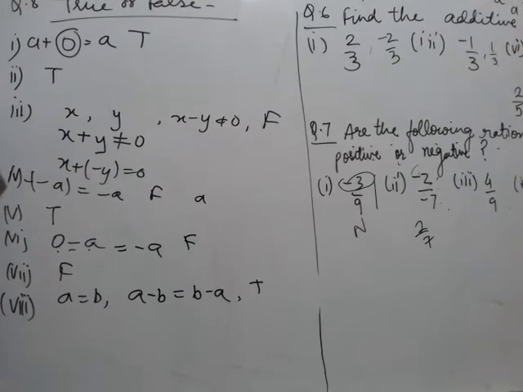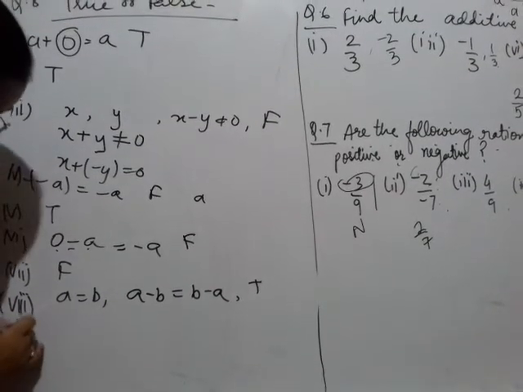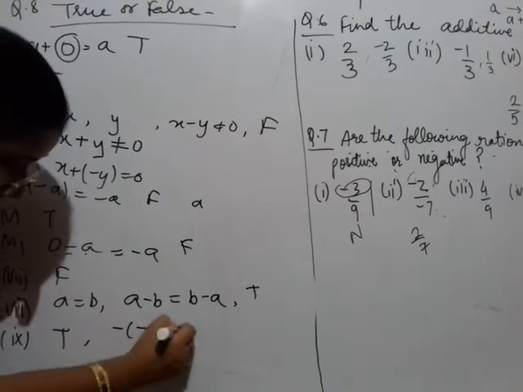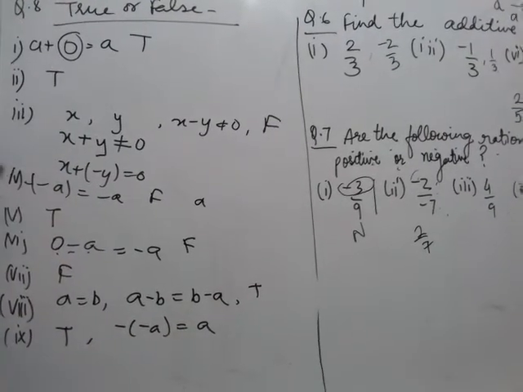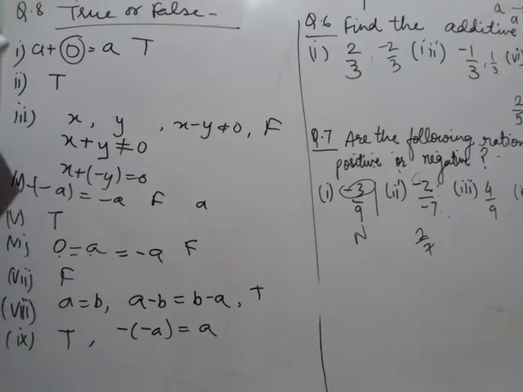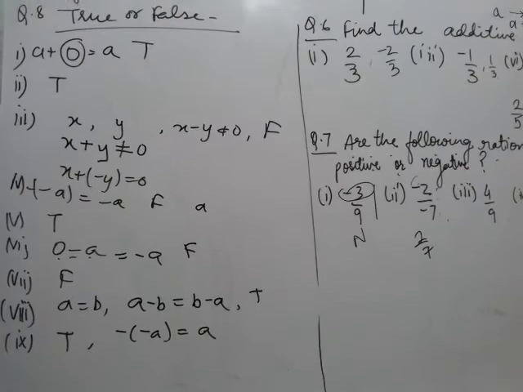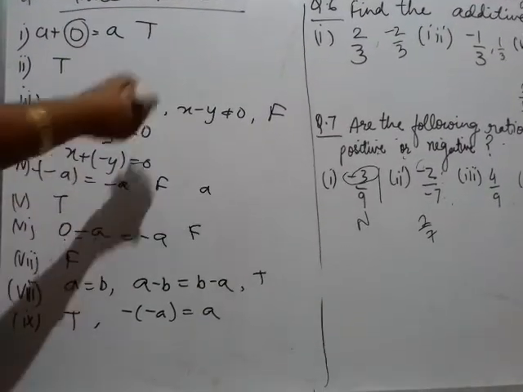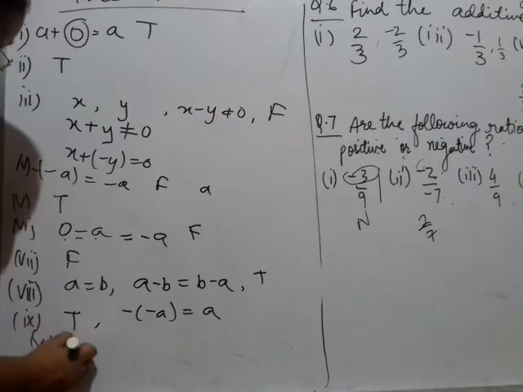The negative of a negative rational number is positive. Yes, it is true, because the negative of a negative rational number is a positive rational number. The commutative and associative properties are both true for subtraction of rational numbers. False, as we have studied, so it is false.